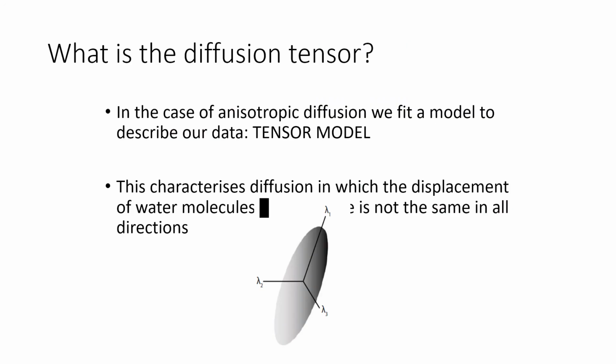So what is the diffusion tensor? That is one of the simplest ways to characterize the movement of water in the brain. Again, if we remember, I had drawn the axes. So we have our three axes, and a tensor model is a way to orient diffusion in space, to describe it in three-dimensional space, x, y, z.